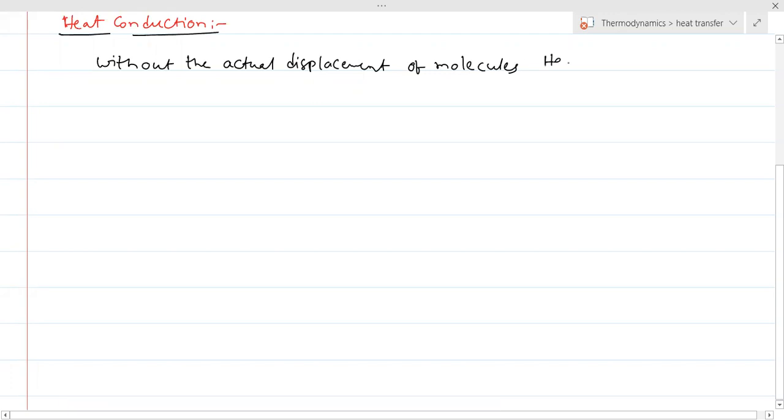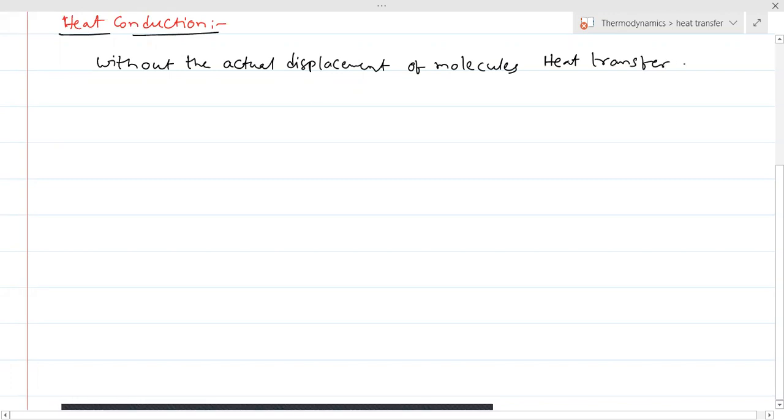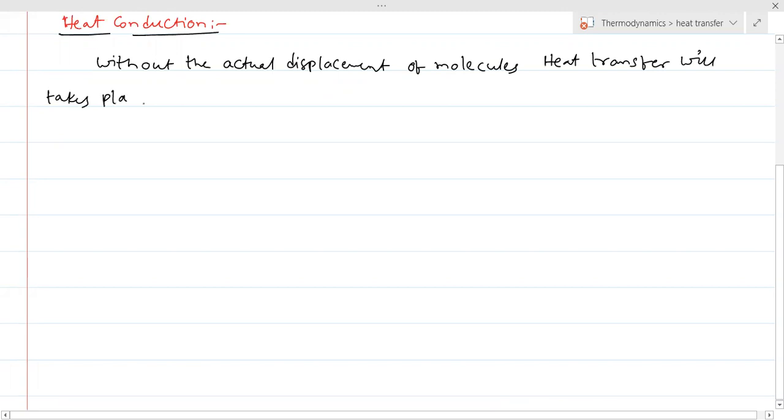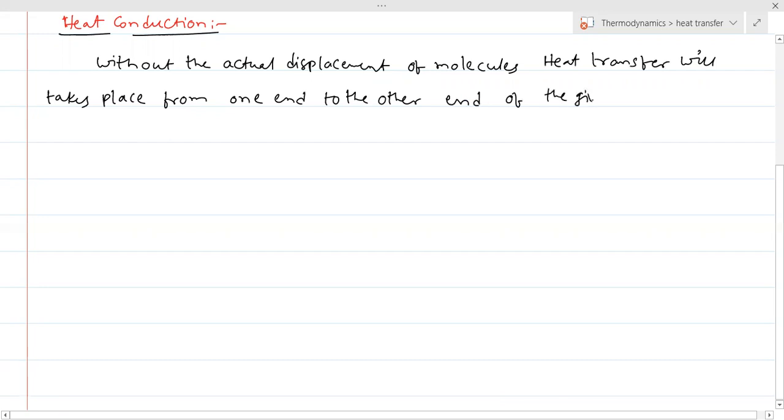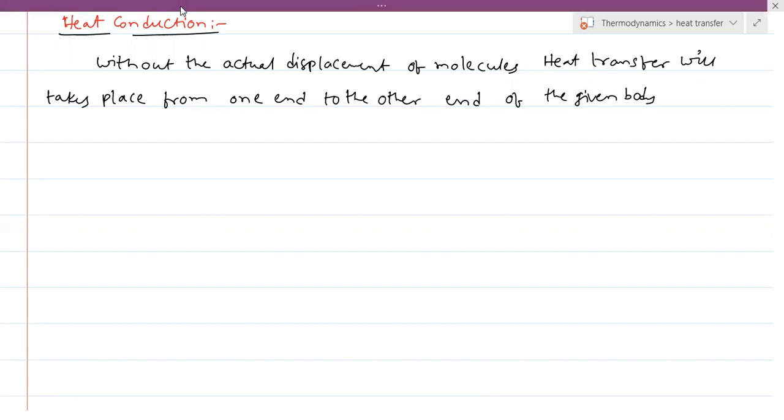Heat transfer takes place from one end to the other end of the given body. So this is known as heat conduction.